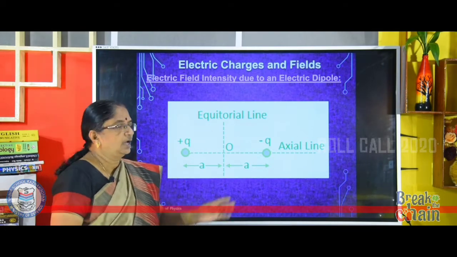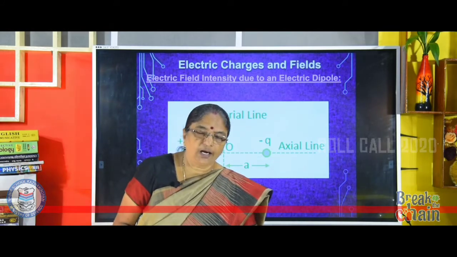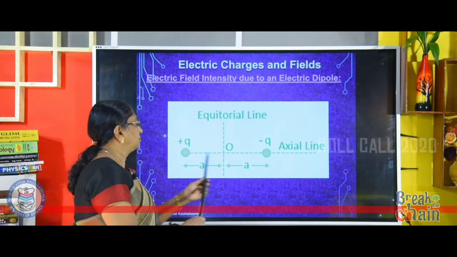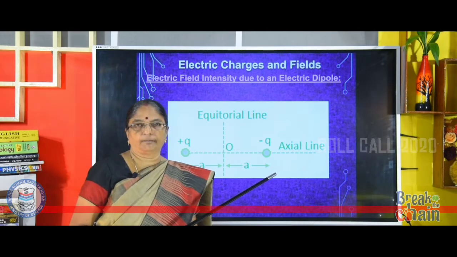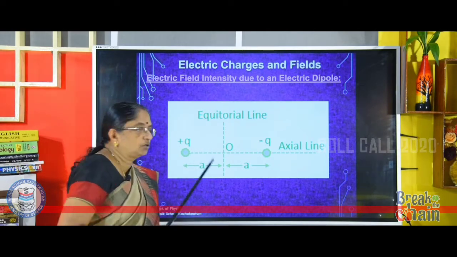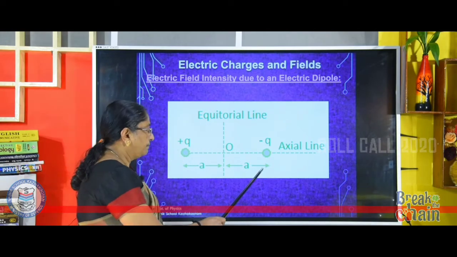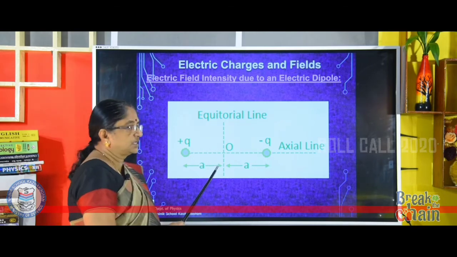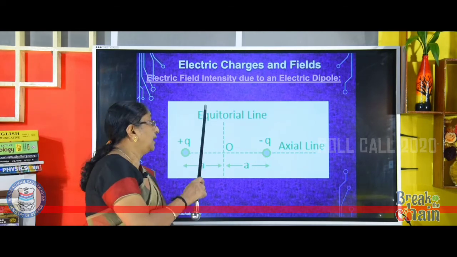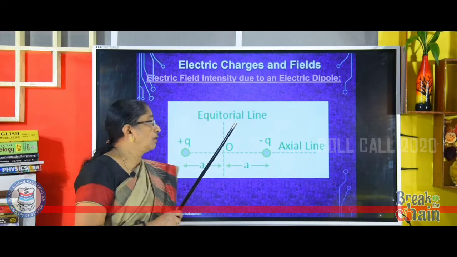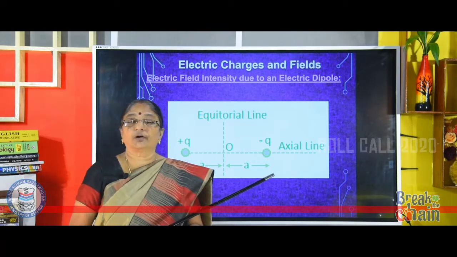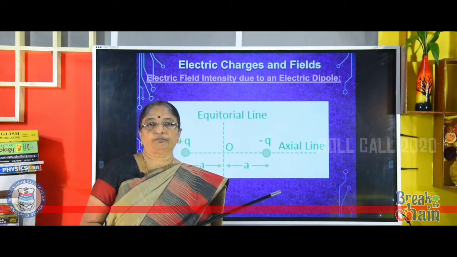As seen here, the axial line is the line passing through the two charges. And just see the equatorial line, observe very carefully. The line is passing through the center and perpendicular, so the equatorial line is the perpendicular bisector of the dipole.